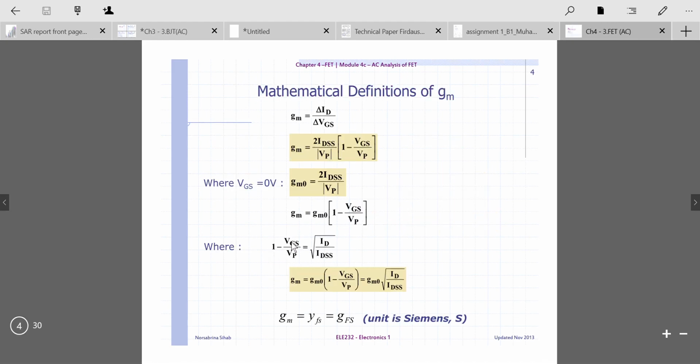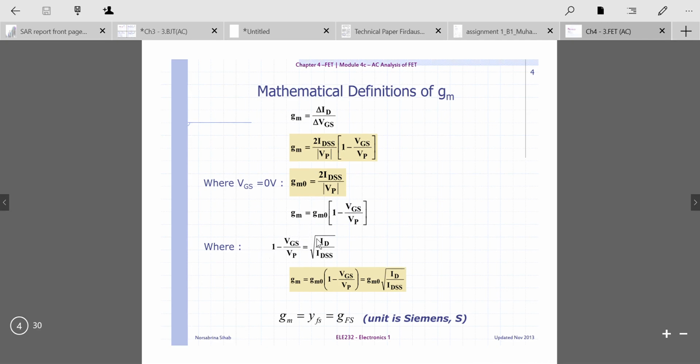So 1 minus VGS over VP equals the square root of ID over IDSS. This equation actually comes from the equation of ID, where ID equals IDSS multiplied by 1 minus VGS over VP to the power of 2.